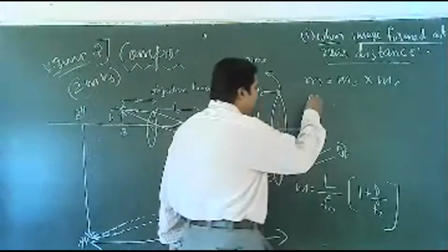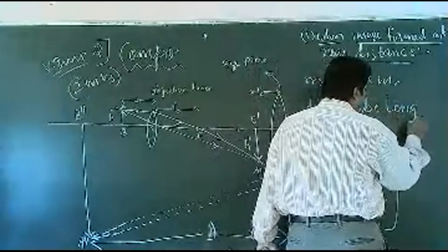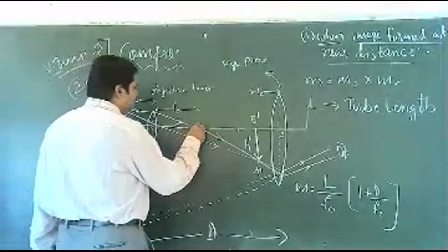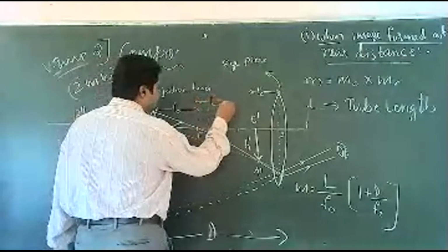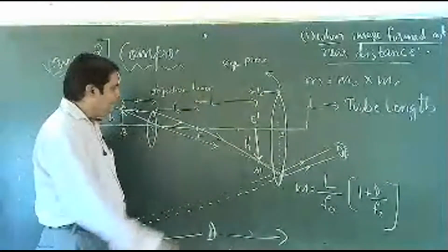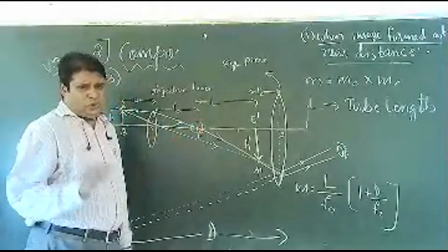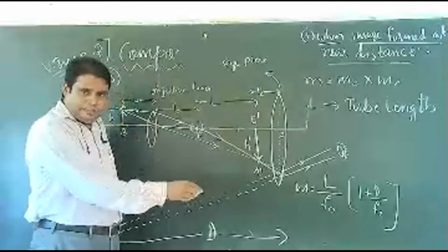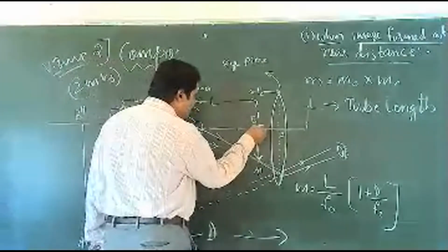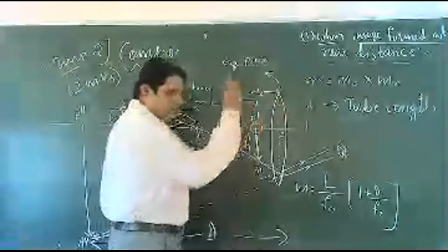What is here? L is called tube length. What is tube length? This distance is called tube length. Tube length is the distance between the second principal focus of the objective lens to the first principal focus of your eyepiece.